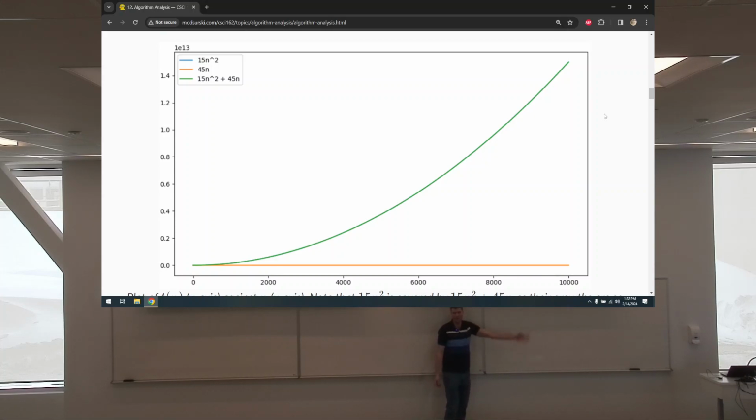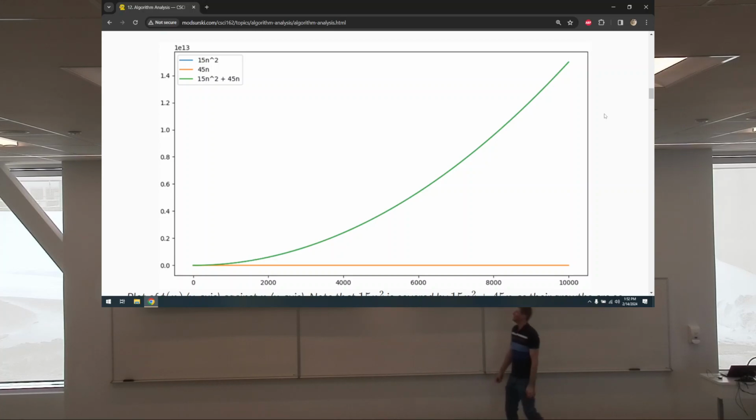The point I'm making here is when we start looking at these growth functions, there's always going to be a part that dominates so much that that's all we care about. 15n squared versus 15n squared plus 45n. The 45n part is so useless that at this scale, the lines look indistinguishable from one another.